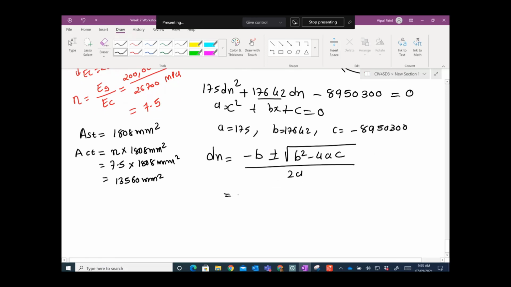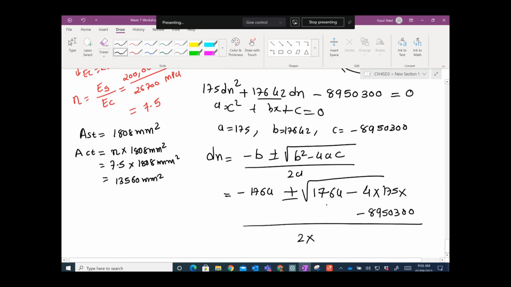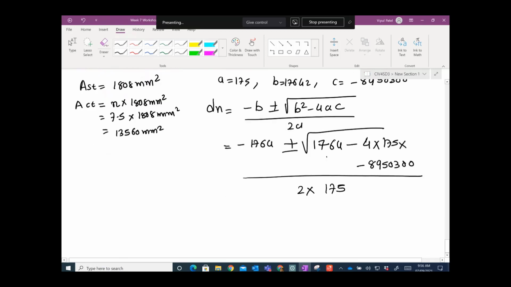You can just plug in the values: minus 176.42 plus or minus the square root of 176.42 squared minus 4 times 175 times minus 8950300, over 2 times 175.